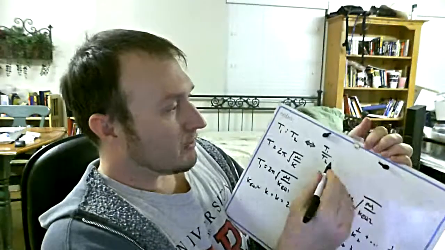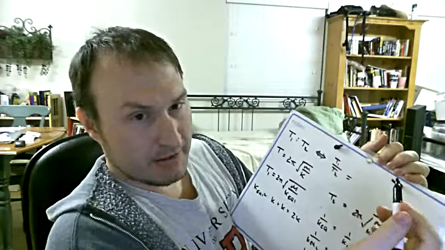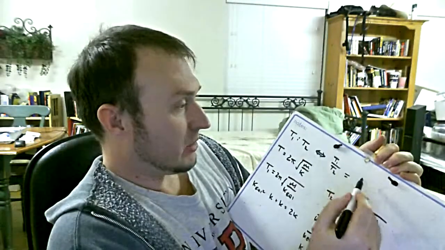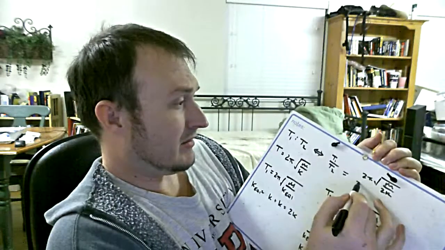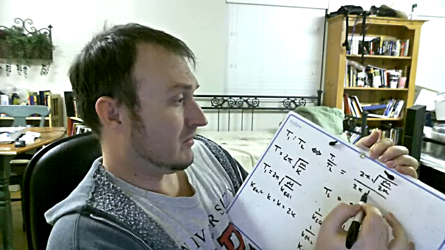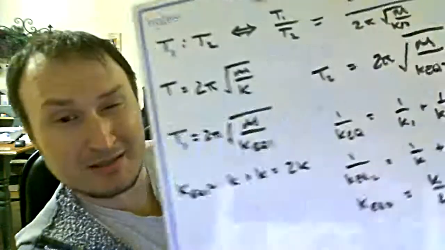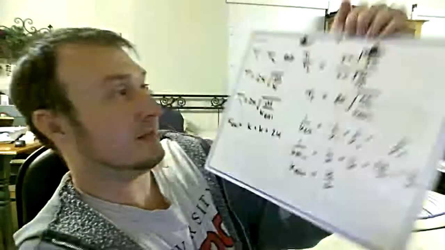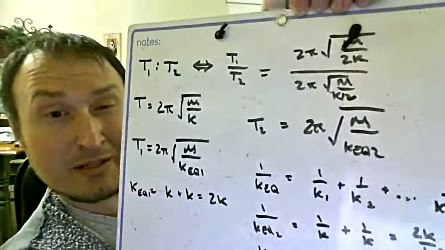So all you have to do is go back and plug all of this in, and be careful to cancel the stuff out correctly. So you get 2 pi over root of big M over 2k, divided by 2 pi over root of big M divided by k over 2. Hopefully you're solving that on your own sheet of paper at home, because it's bound to be neater than my workout here.